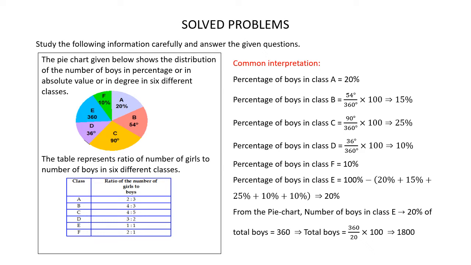So the total number of boys in all these classes is 1800. Now let's correlate the data we have just interpreted with the data given in the table.